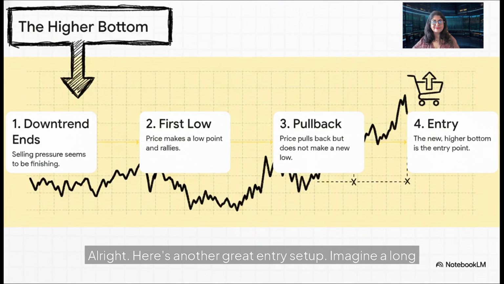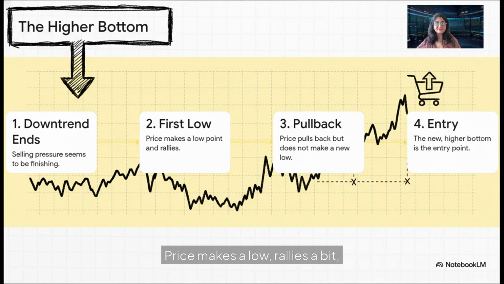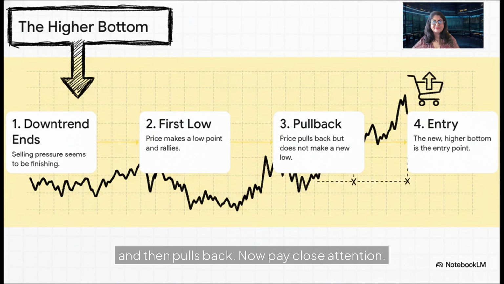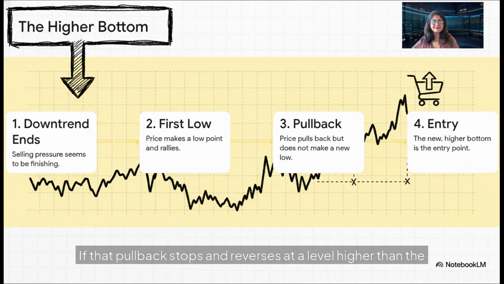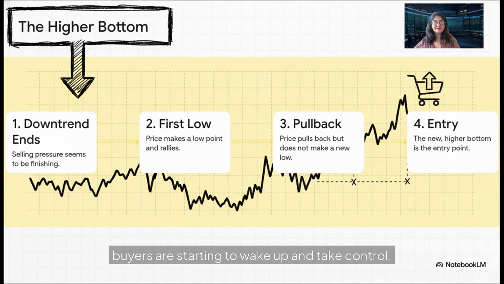All right. Here's another great entry setup. Imagine a long downtrend is finally losing steam. Price makes a low, rallies a bit, and then pulls back. Now pay close attention. If that pullback stops and reverses at a level higher than the last low, that higher bottom, that's your first real clue that the buyers are starting to wake up and take control.